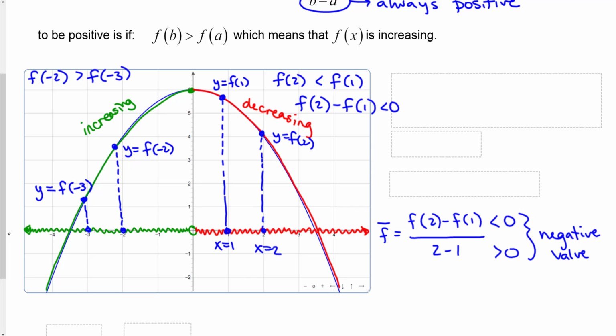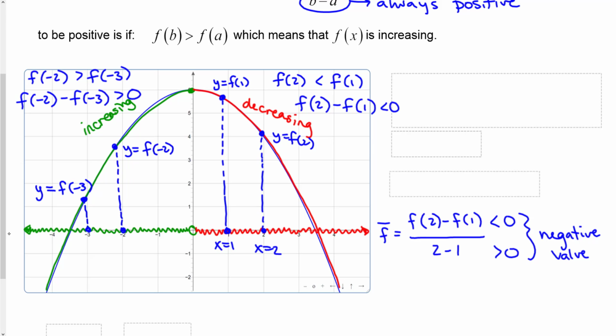And remember, in order of negative numbers, -2 is larger in value than -3. That's why I started with the positive numbers, even though it was a decreasing side. In that case, we can say that f of -2 minus f of -3 is greater than 0.